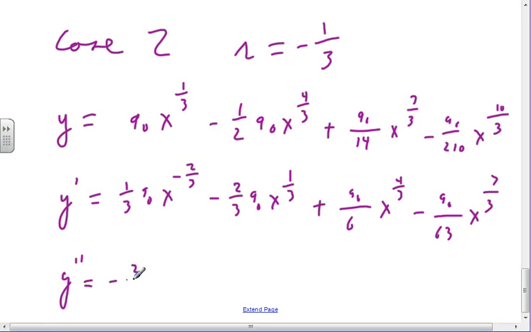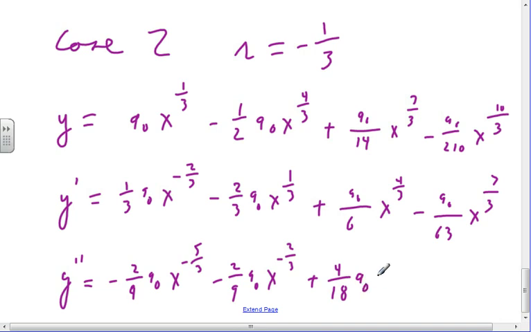minus 2/9 a0 x to the minus 5/3 minus 2/9 a0 x to the minus 2/3 plus 4/18 a0 x to the 1/3 minus, does 7 go into 63?